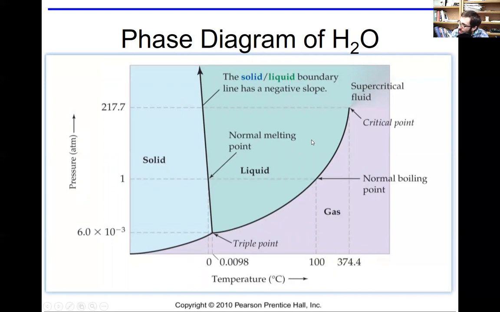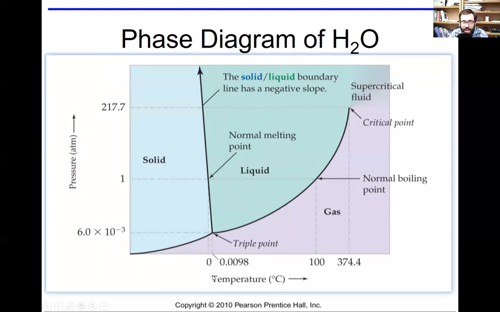Once you're above 374 degrees centigrade, and above approximately 218 atmospheres, you're in a supercritical fluid. You're in a gas-liquid hybrid. It's just a weird state of matter.